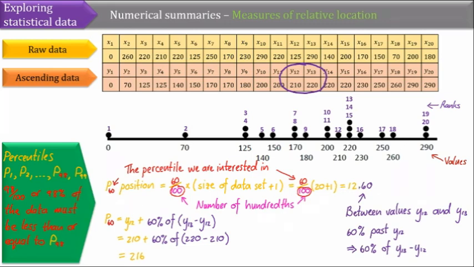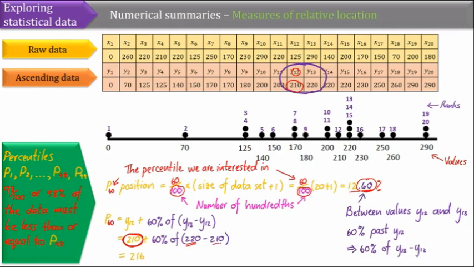But we're still going to get a result for the position which contains a decimal, so it means that we're not sitting at position 12, we're sitting 60% past position 12. Okay, this is percentage. So there's position 12, which is 210. We'll take whatever we have, which is 210, and add 60% of the difference between Y13 and Y12.